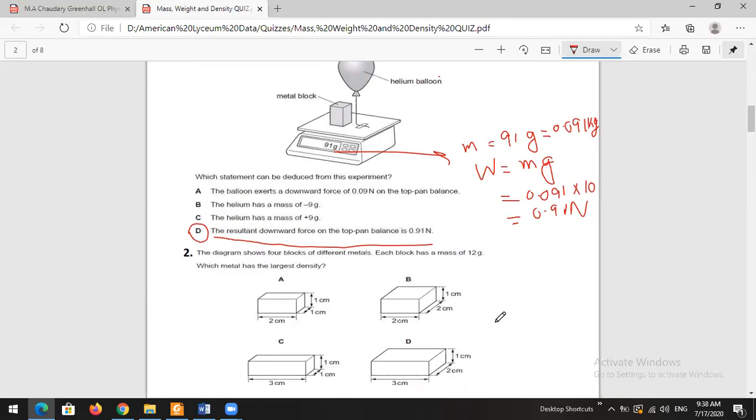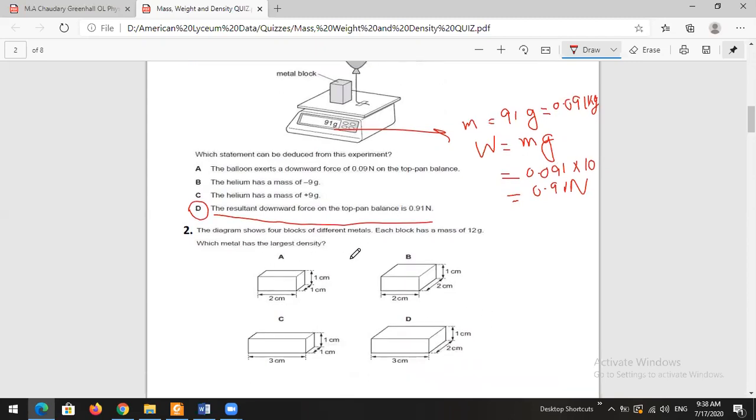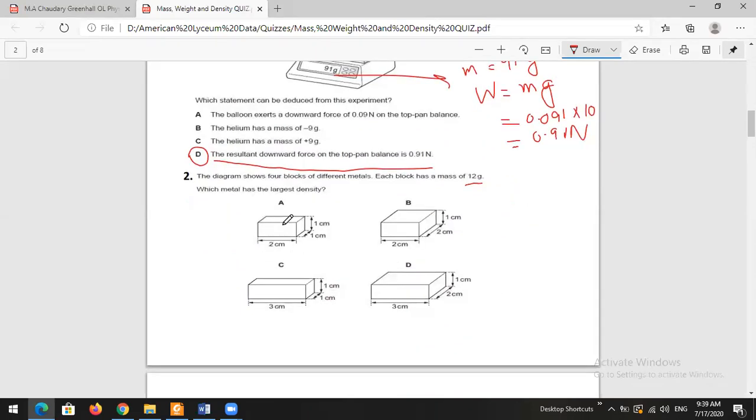Next, question number 2. The diagram shows 4 blocks of different metals. Each block has a mass of 12 gram. Which metal has the largest density? First of all, we will calculate the volume of each block. Volume of this block will be 2 multiplied by 1 multiplied by 1 equals 2 centimeter cube.